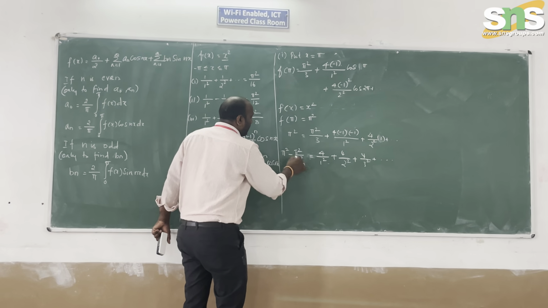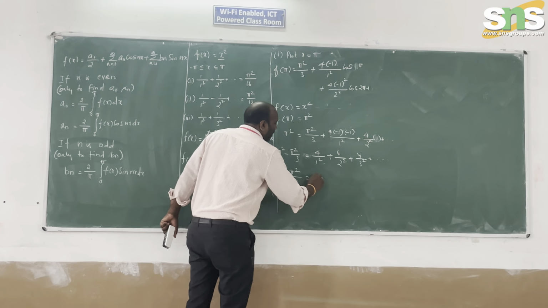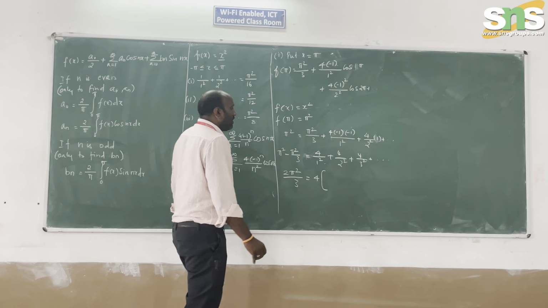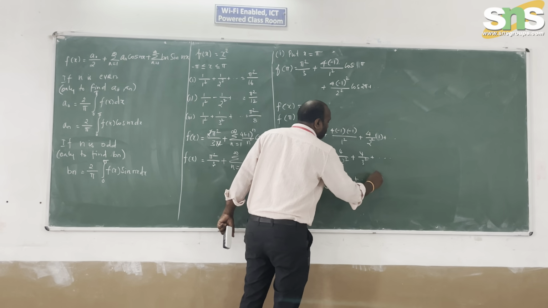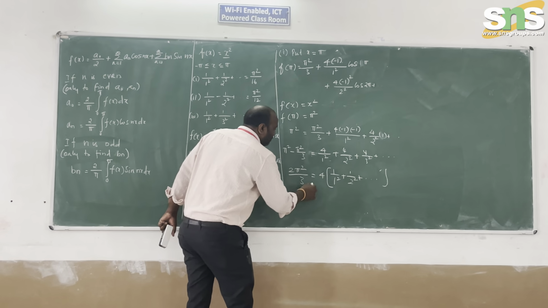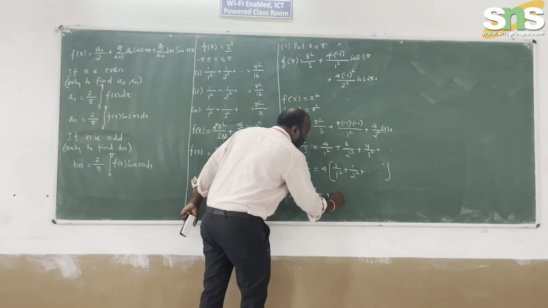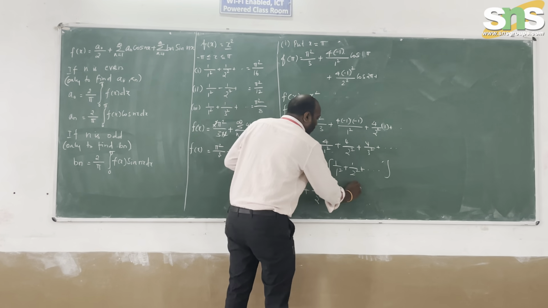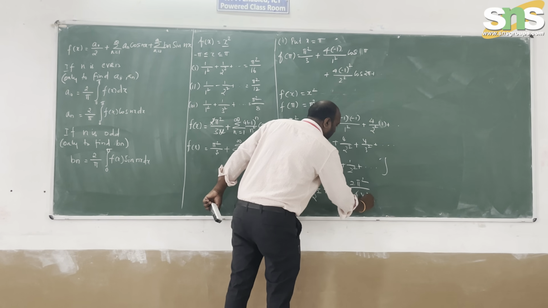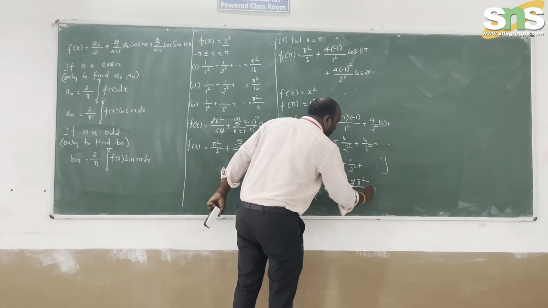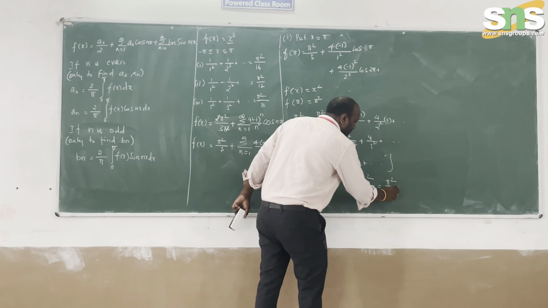Taking 3π² minus π², 2π²/3, and we take the 4 common, then 1/1² plus 1/2² plus and so on is equal to 2π² divided by 4 into 3, so π² divided by 6.